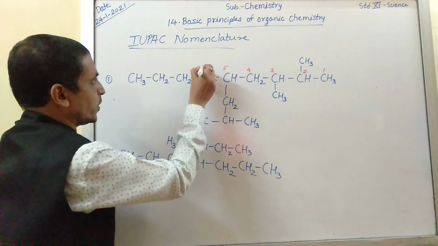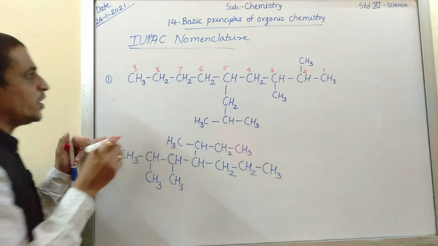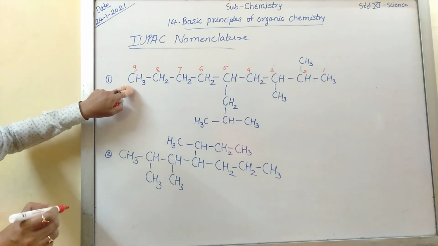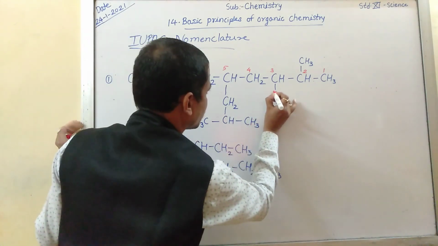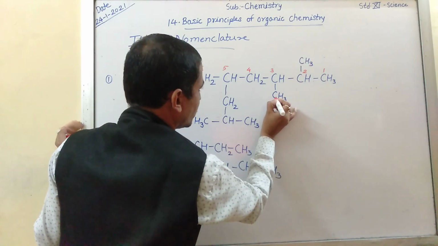But if you count this way, 6, 7, 8, 9, you get the longest parent chain containing 9 carbon atoms. It is what? Nonene. Now see, this is one substituent and this is another substituent, that is a methyl group. It is also a methyl group.